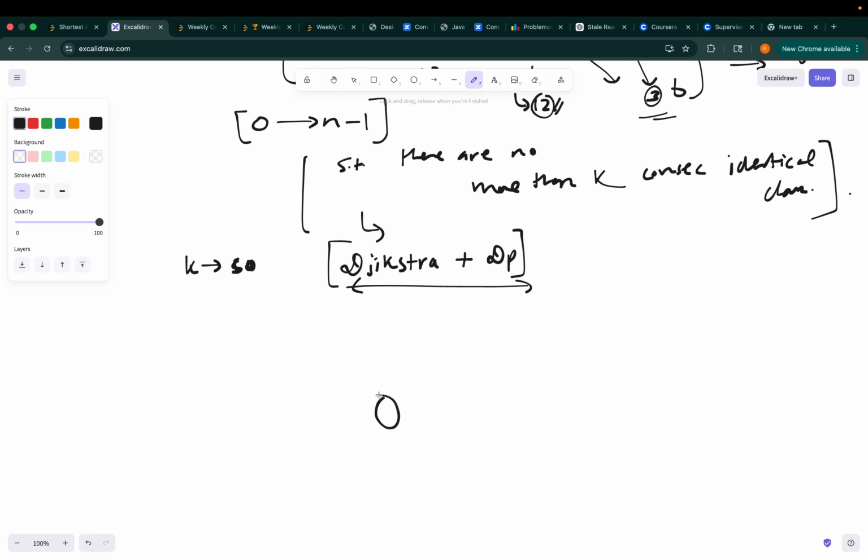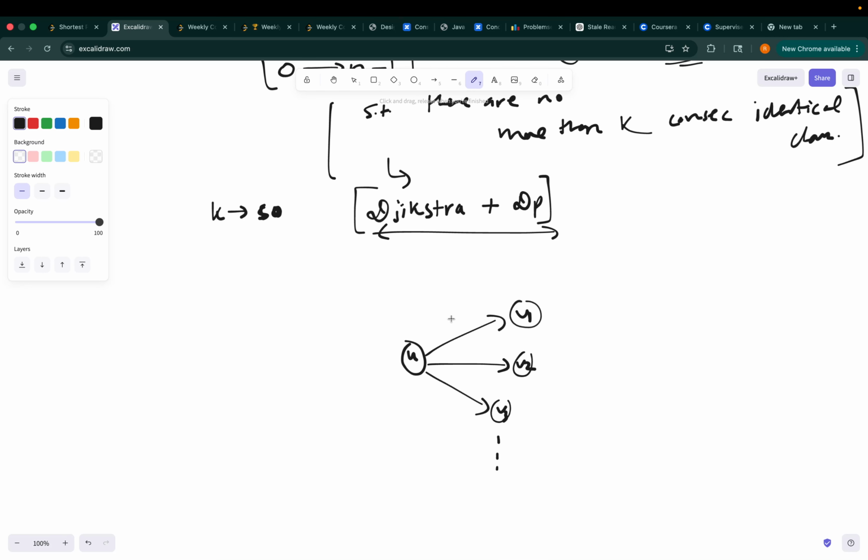Let's say you are standing at node U, and you can visit all the nodes V1, V2, V3, and so on. Let's say this one had character A, this has B, this has C, and we can have any characters.